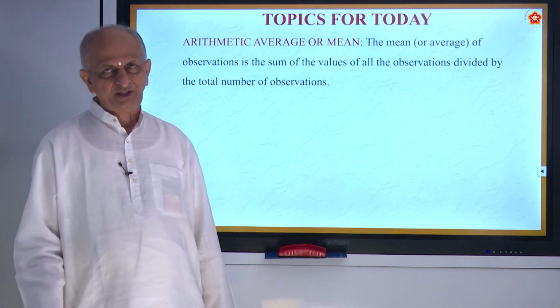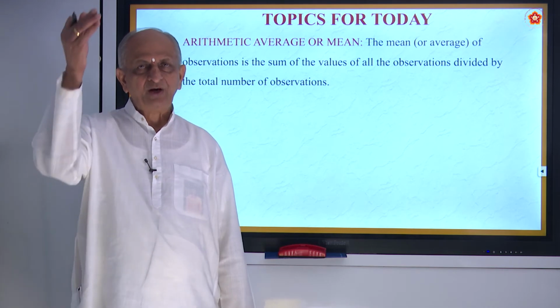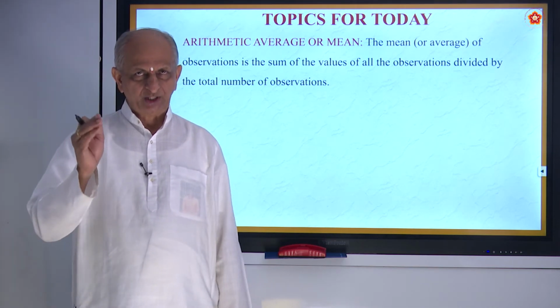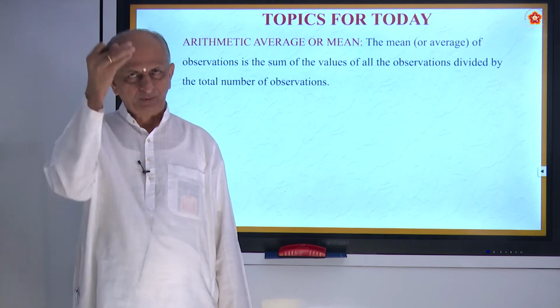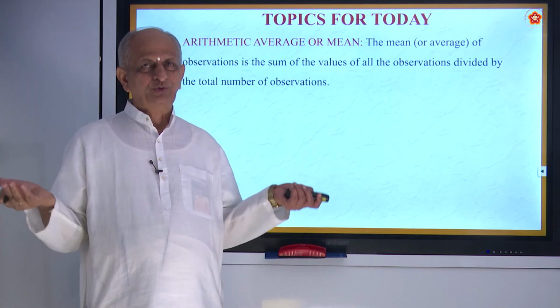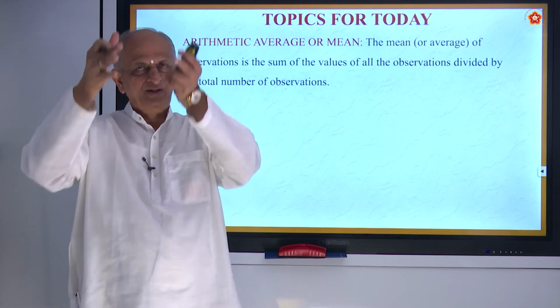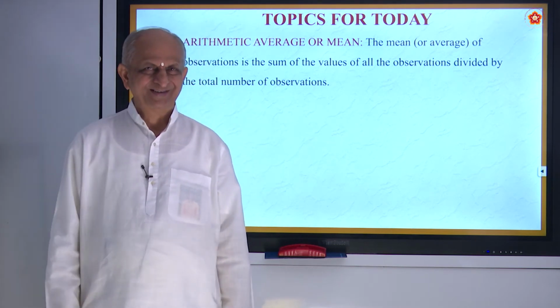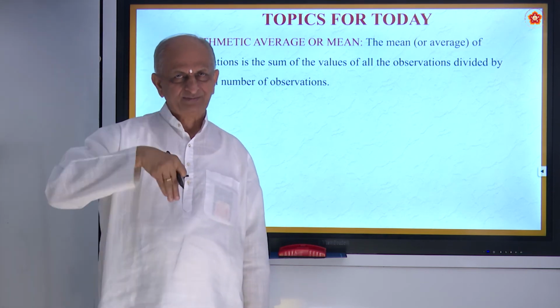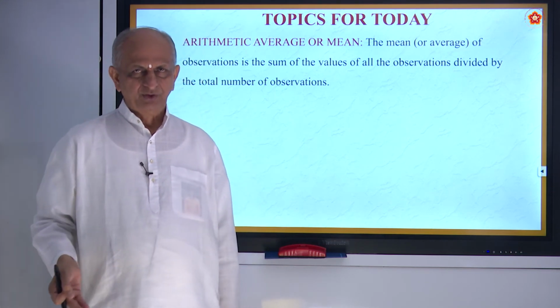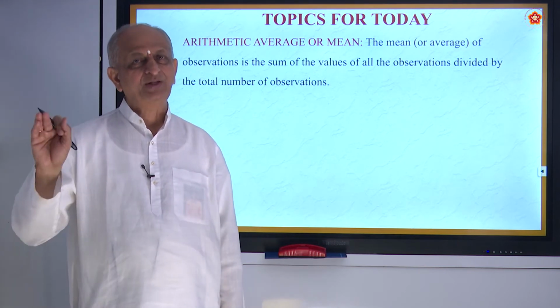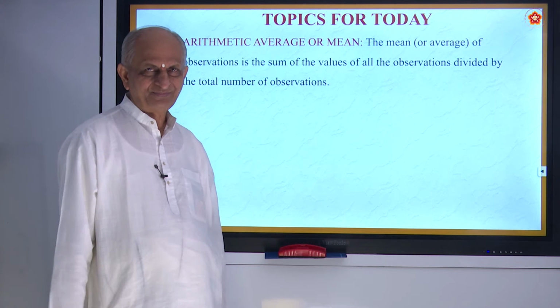As I was just telling you, rainfall in different months, June, July, August, September, October. What you do then, first you write the rainfall in centimeters, then you take the average. Similarly, if you have got marks in different subjects, you add all the marks, divide by the number of subjects, that gives you average marks.